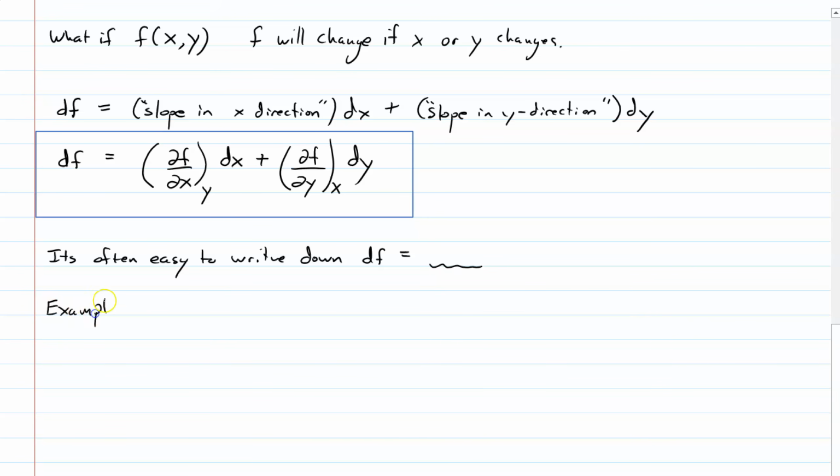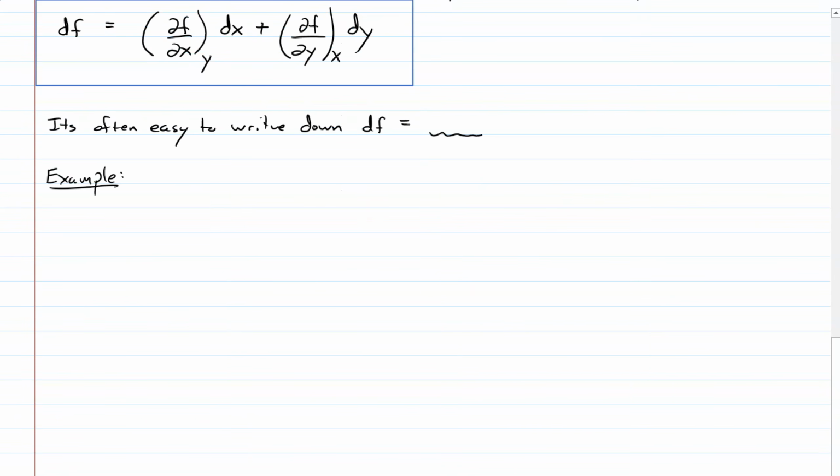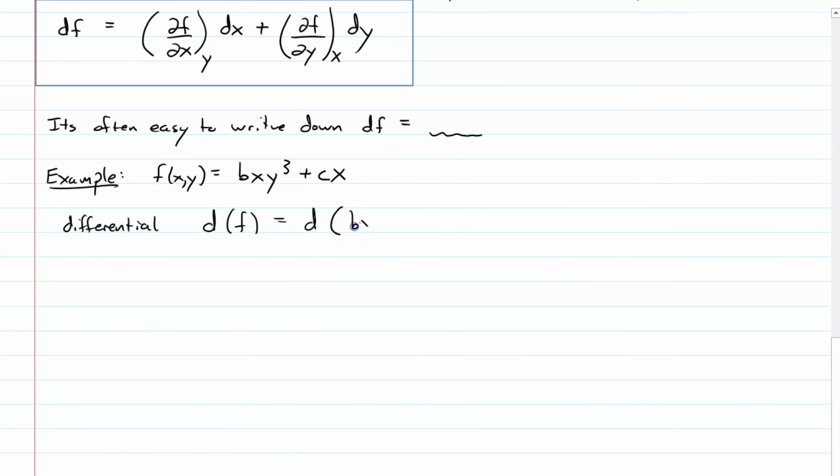So as an example, let's go back and do that same example that we did before, but in a different way. So I'm going to do, again, f of x and y is equal to bxy cubed plus c times x. Now I'm going to take what's called the differential. So I'm going to write df is equal to d of bxy cubed plus cx.